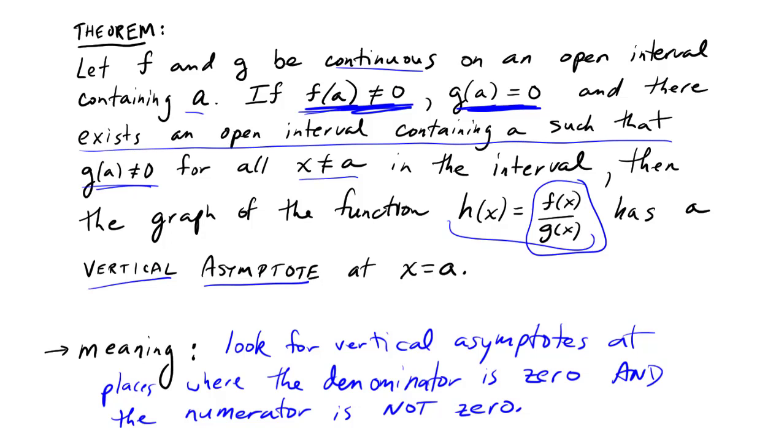That's getting very specific. This gives us one place to look for vertical asymptotes. Vertical asymptotes can happen for other reasons. They can be built into a function like ln of x. But when we're looking at fractional expressions, we want to be looking at places where the denominator is 0 and the numerator is not 0.